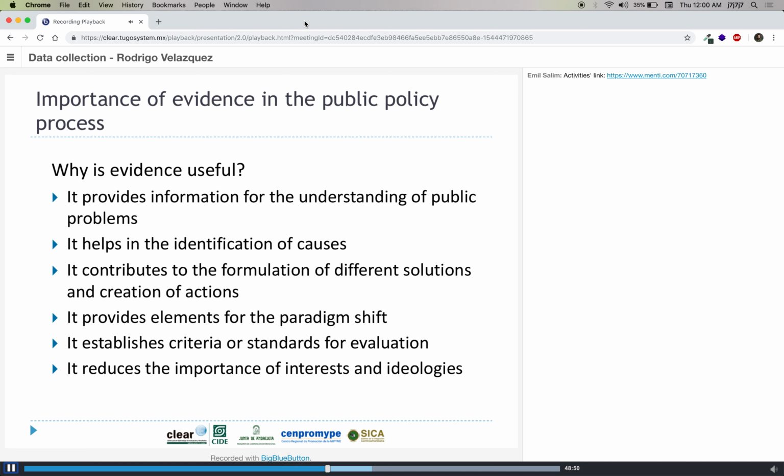And then evidence provides elements for the paradigm shift. Through data collection and data usage, with these requirements that we have mentioned, we can change a paradigm. For instance, I'm going to give you an example that happens in many countries with insecurity.